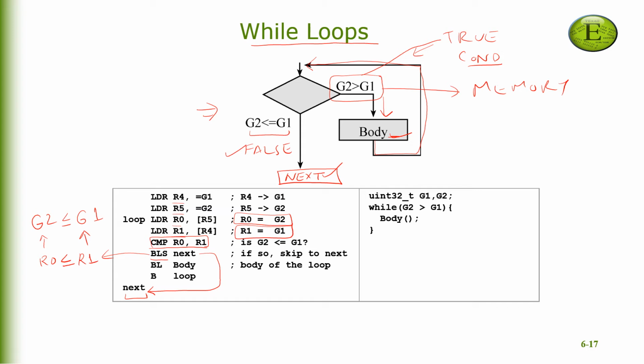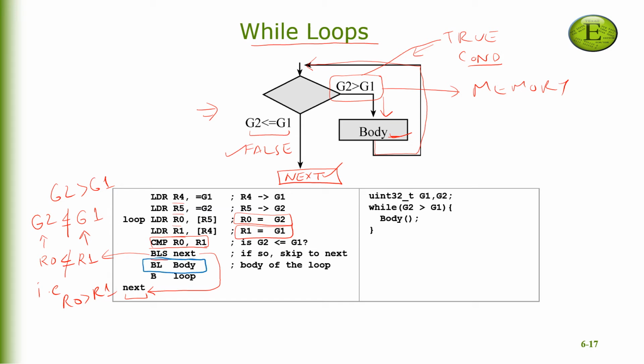If, however, this condition is not true, that is, R0 is greater than R1, which means that G2 is greater than G1, then we enter the body of the loop with the branch and link instruction.